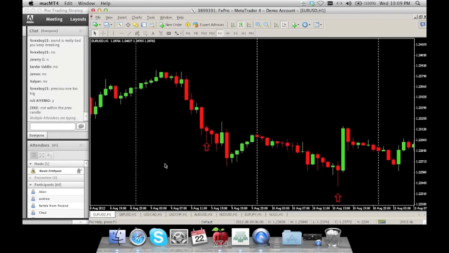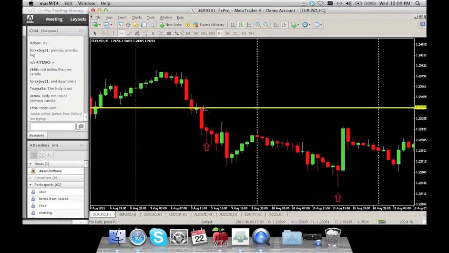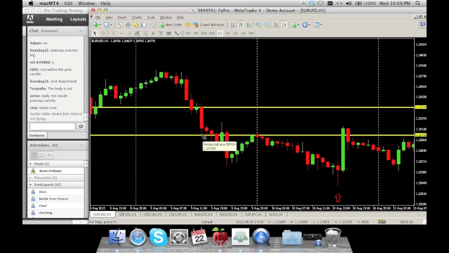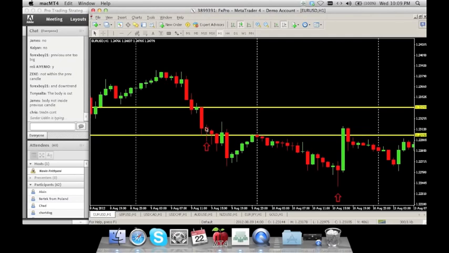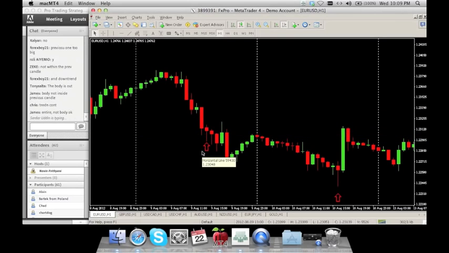Previous candle too big. Zeke, it is actually within the previous candle. You can see the open and the close. It should be within the entire previous candle. See, it is inside there. Yeah, entire, not body.